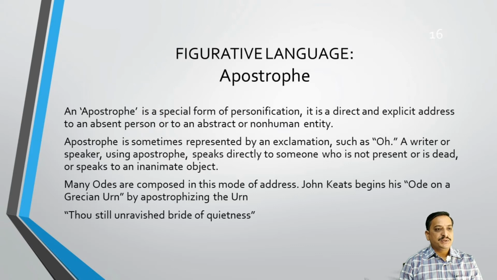A writer or speaker using apostrophe speaks directly to someone who is not present or is dead, or speaks to an inanimate object. Many odes are composed in this mode of address. John Keats begins his famous Ode on a Grecian Urn by apostrophizing the urn. He says, "Thou still unravished bride of quietness."